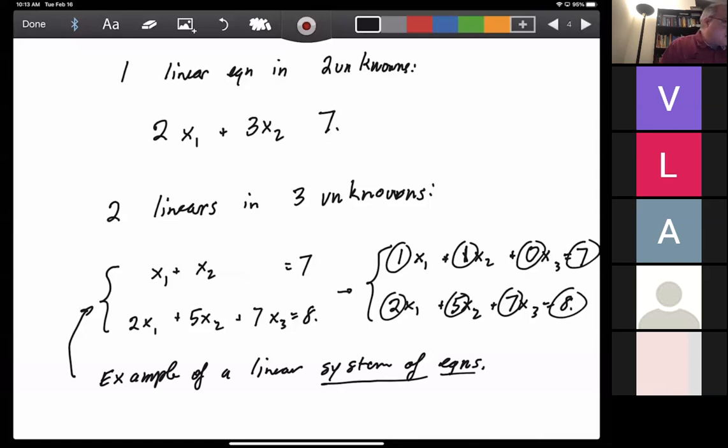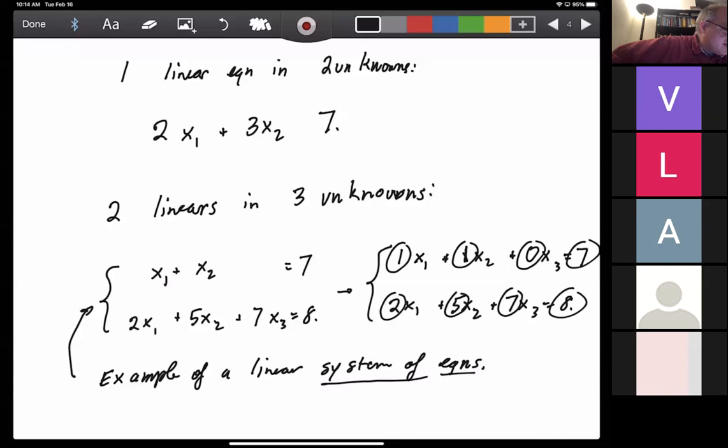Now, there's a convention for writing arbitrary linear systems. Notice we use these subscripts to distinguish our unknowns rather than using x, y, z, w, and so on, because if we had 30 unknowns, we're going to run out of letters of the alphabet.